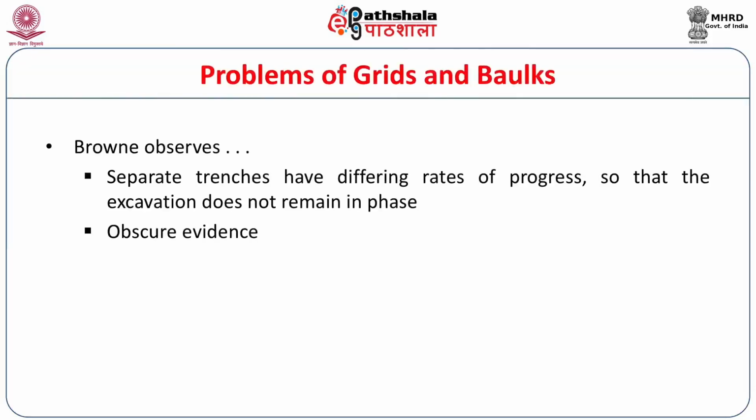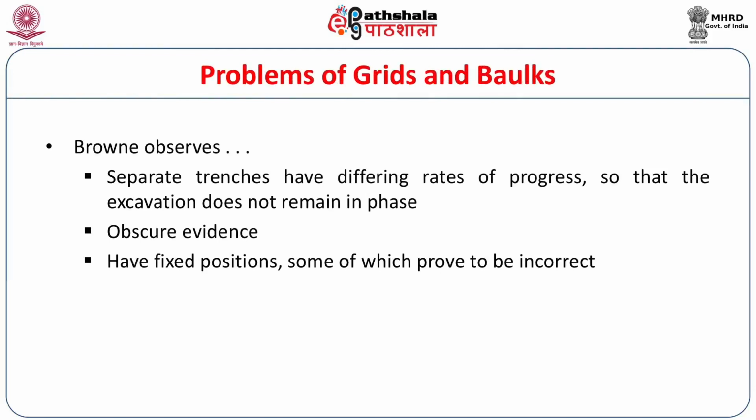Also he says that it obscures the evidence, and the baulks may not be in the correct placing. These things may move and there could be some error in the laying out. And also there may be a lack of coordination between the different squares, grids or trenches that are excavated.